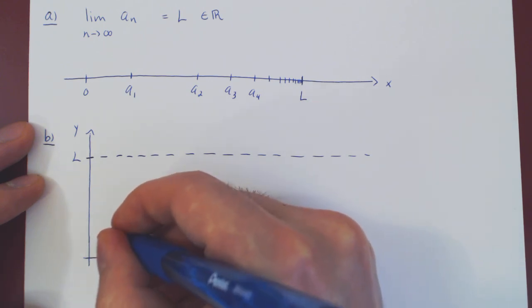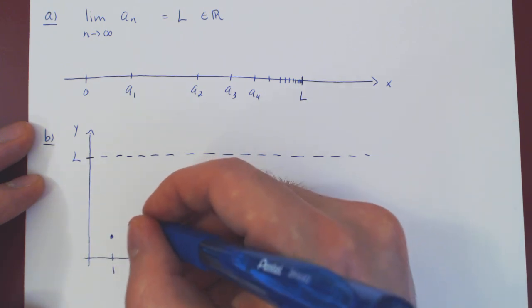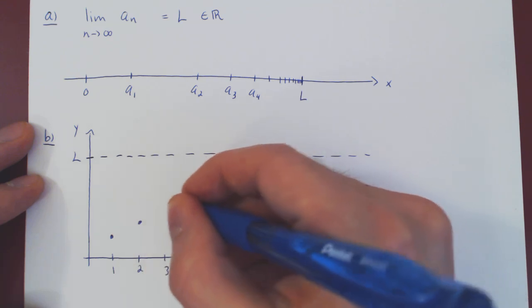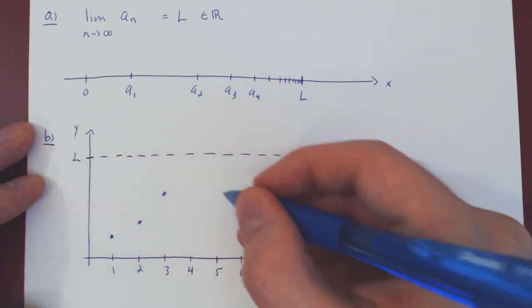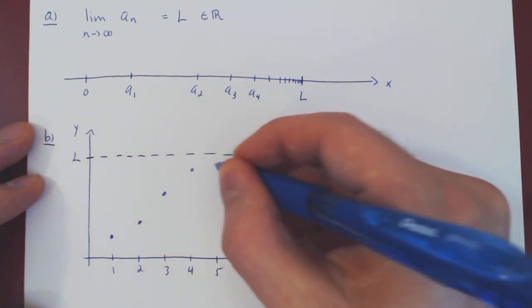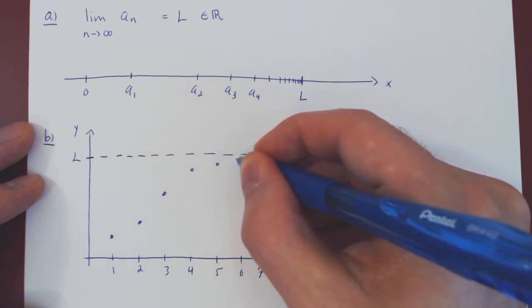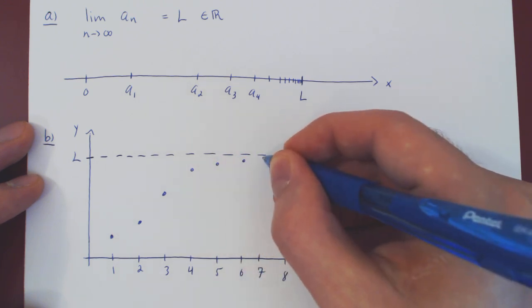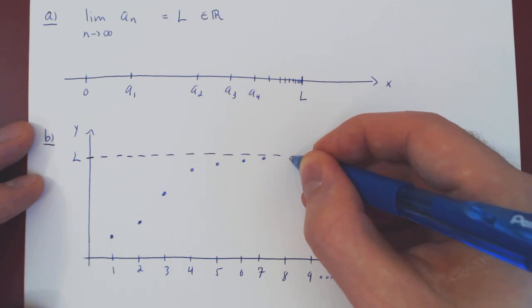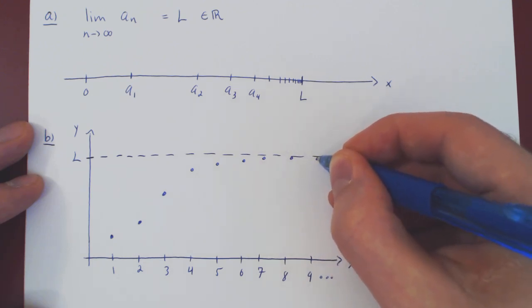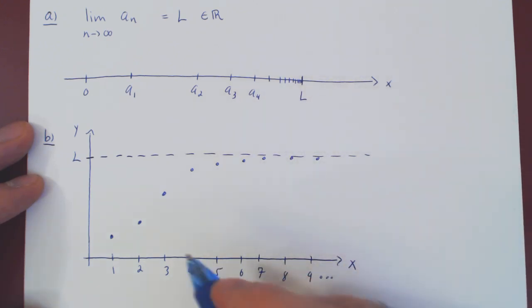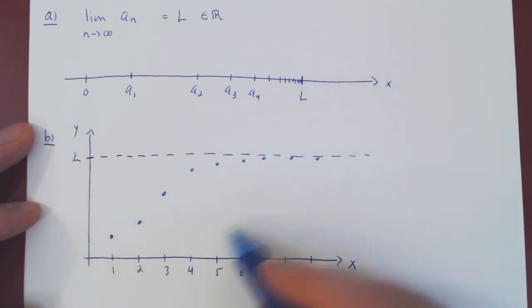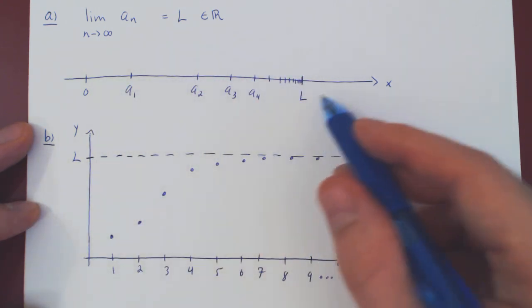And you could have a1, then a2, a3, a4, a5, a6, a7, a8, a9, and so forth. So you can see that in this way, we have the same intuition.